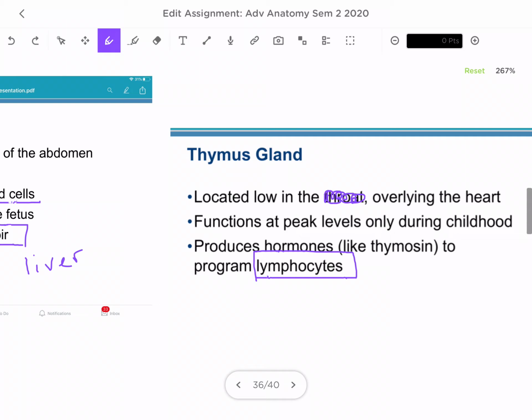In other words, it differentiates cells into their specific job. White blood cells are actually made in bone marrow. They undergo mitosis in bone marrow, and then they travel to the thymus to be given a job. So the thymus actually differentiates them into their specific job.